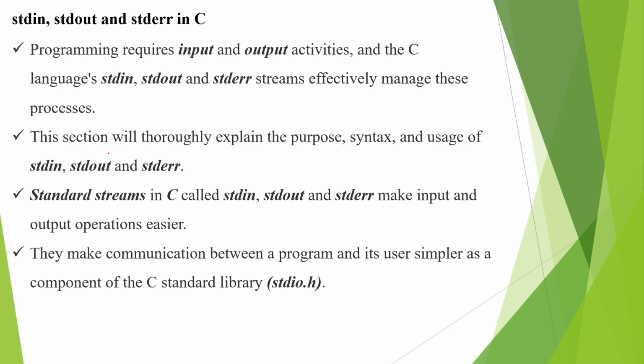Without knowing their purpose or syntax, so far we dealt with these. Whenever you read input using the keyboard, unknowingly you have used standard input, and whenever you send output to the console, unknowingly you have used standard out as well. In today's session I will explain how you have interacted with standard input and standard output.